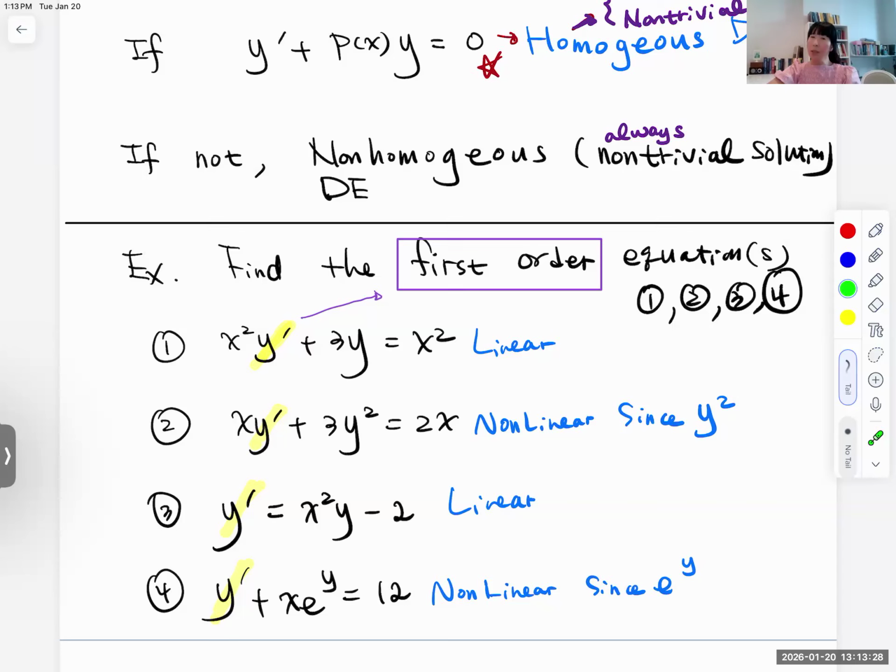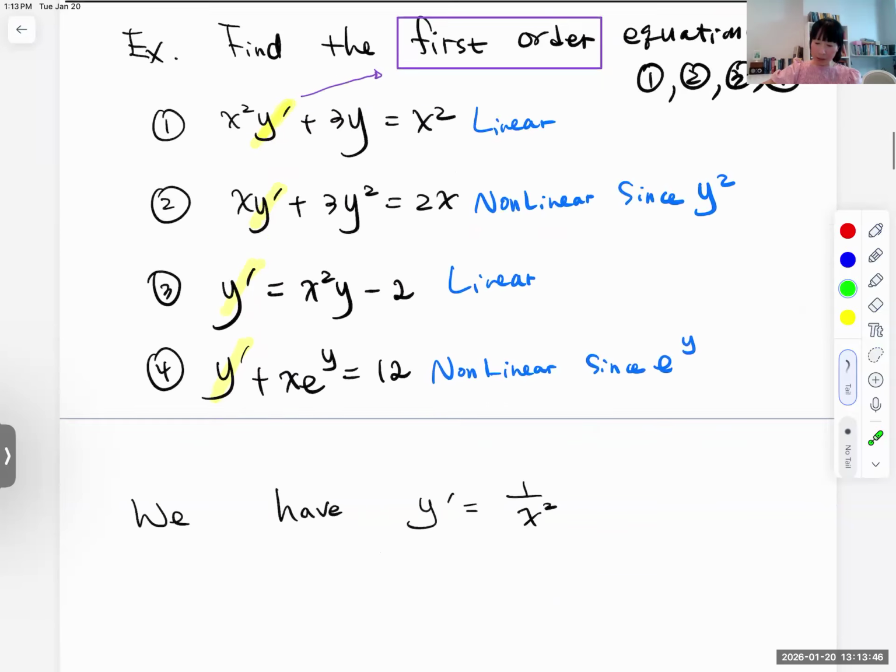In this section, we want to find the solution. That means we have to write out the answer for the question, y equal to something. Okay, let us do this.